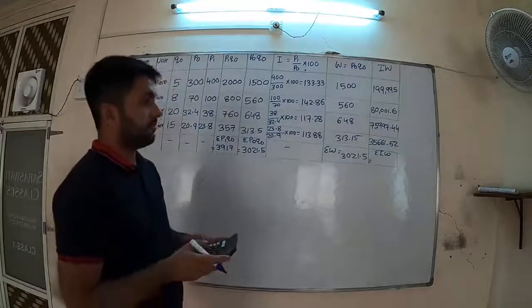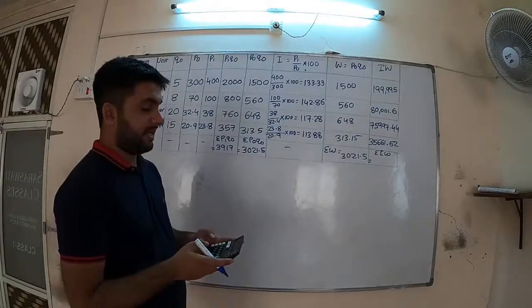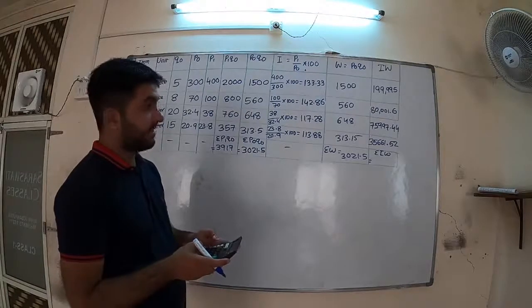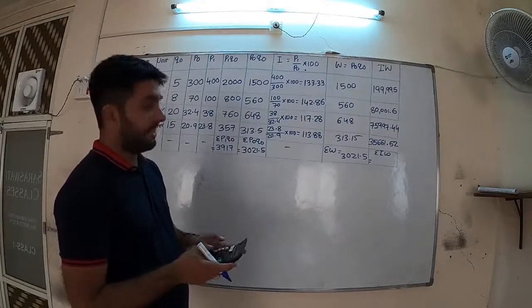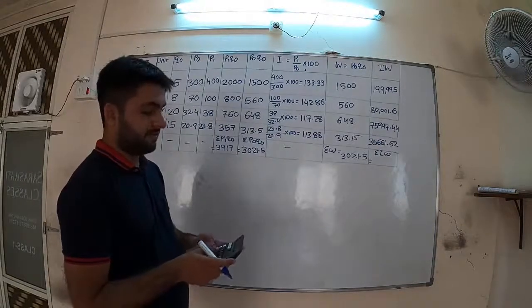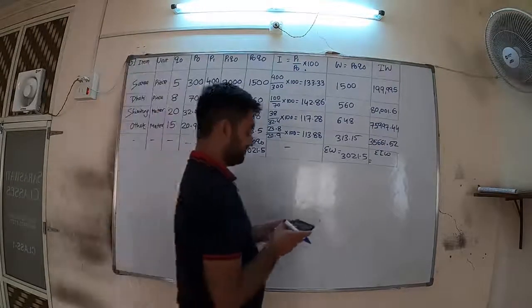Okay, so total: 1,99,995, 80,001.6, 75,997.44, 35,661.52.